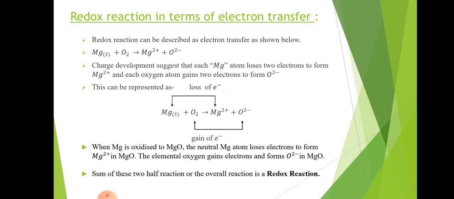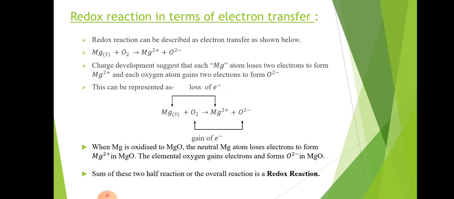Means oxidation and reduction, that is the loss of electron and gain of electron, occur simultaneously. Therefore, the net reaction or the redox reaction is iron plus copper ions, that gives the iron ions and the copper.